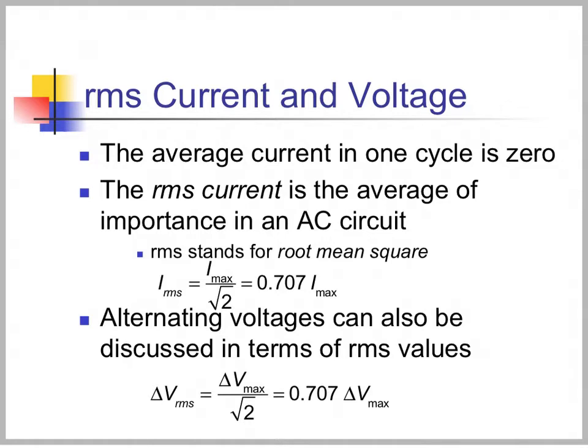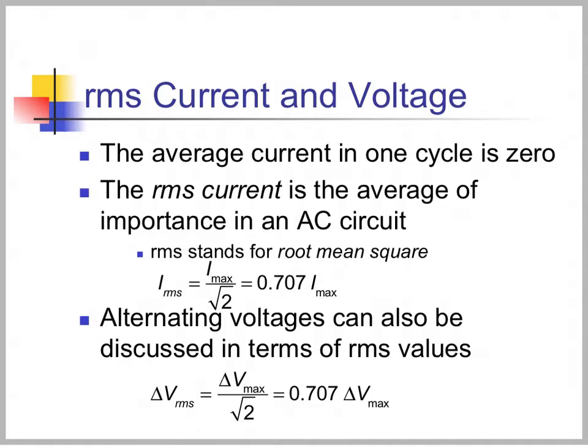Now, as we try to talk about the circuit, the average current might be something we could discuss since it's changing, but the average current of something that's varying sinusoidally is always zero. So instead we use something called the RMS current, which stands for root mean square. This is the average of importance in an AC circuit.